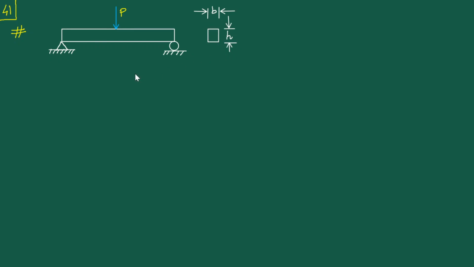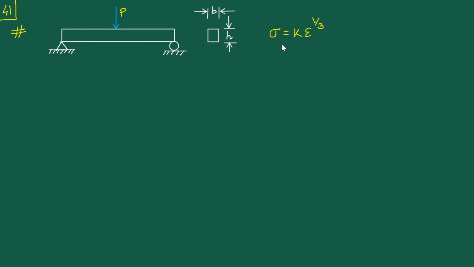However, the big difference that this problem has is that the material behavior is not linear. The material behavior here is given by sigma equal to some coefficient k times epsilon to the power 1 by 3.